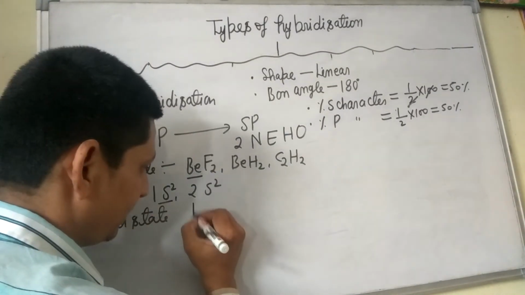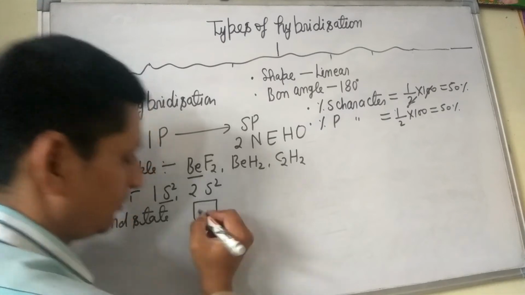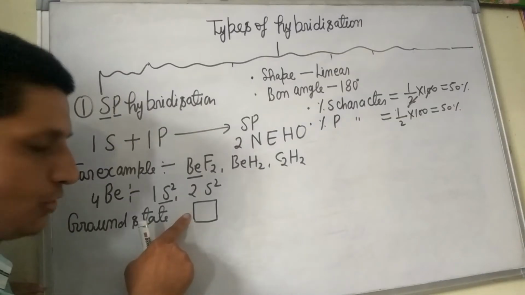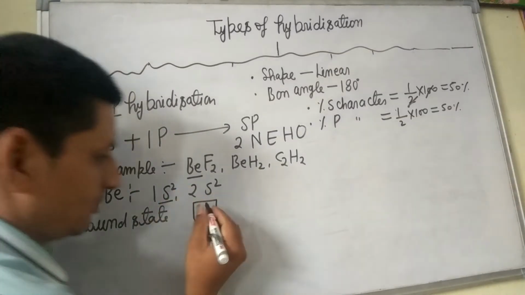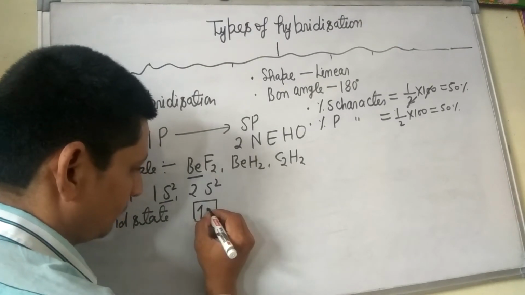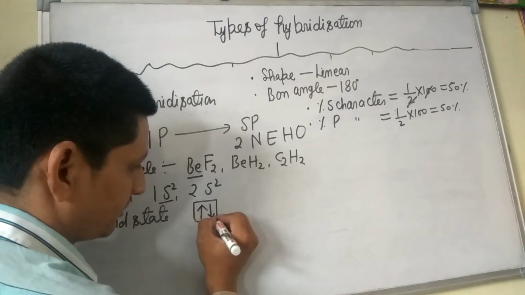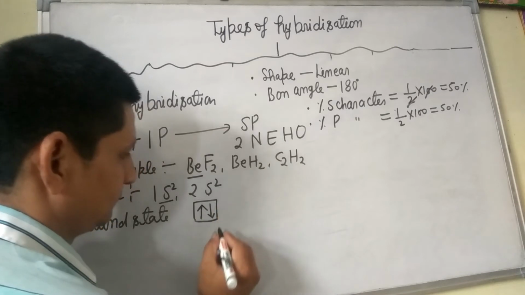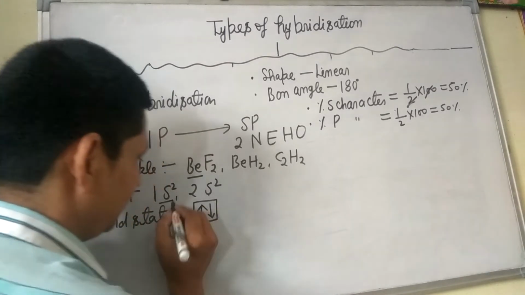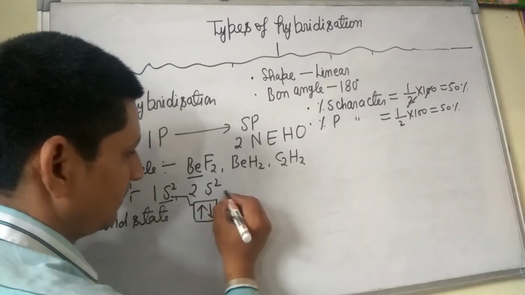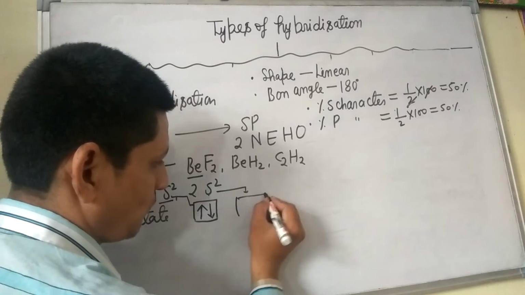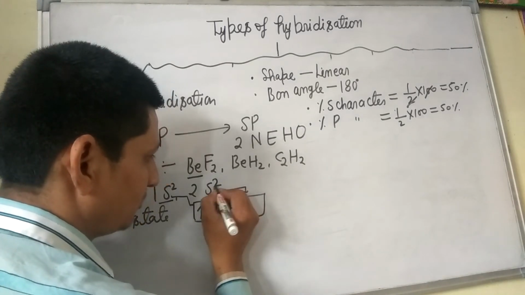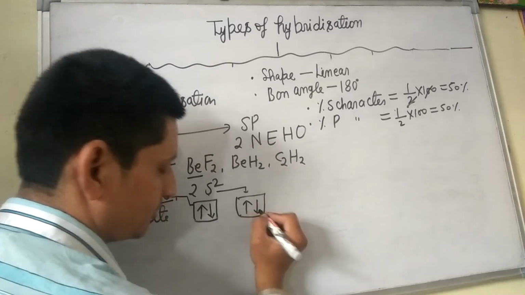1s, you know very well, contains only one orbital. So look here, 2 electrons in 1s. After this 2s, again we fill 2 electrons.